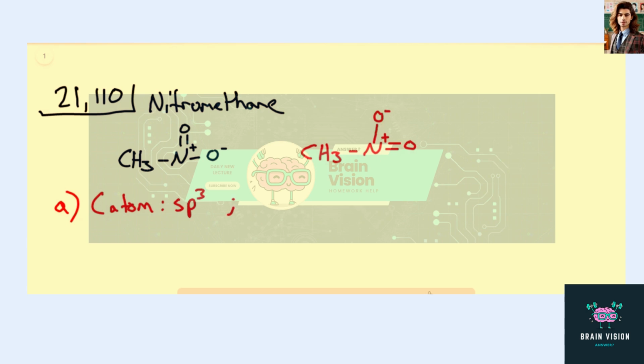Now, next we're asked about the other hybrid orbitals. Nitrogen will have hybrid orbitals, and it's bonded to 3 atoms, so it will be sp2.